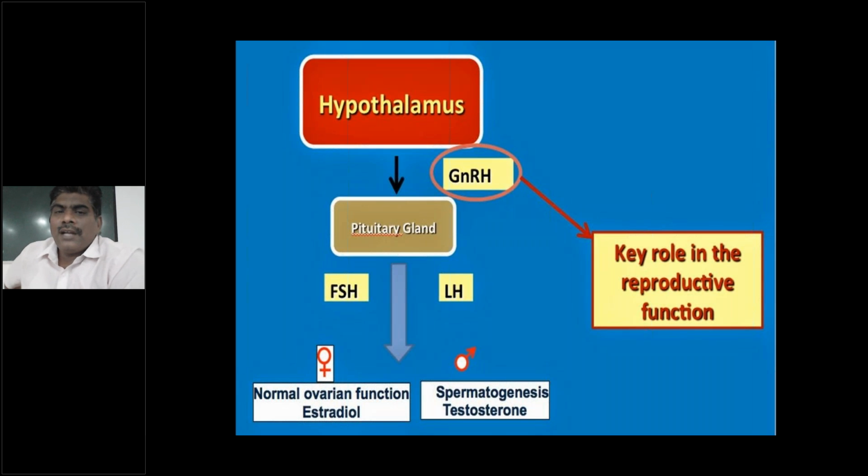The hypothalamus releases the gonadotrophin releasing hormone, which has a key role in reproductive function. This acts on the anterior pituitary gland, which facilitates the release of follicle-stimulating hormone and luteinizing hormone. These function in normal ovarian function and spermatogenesis.